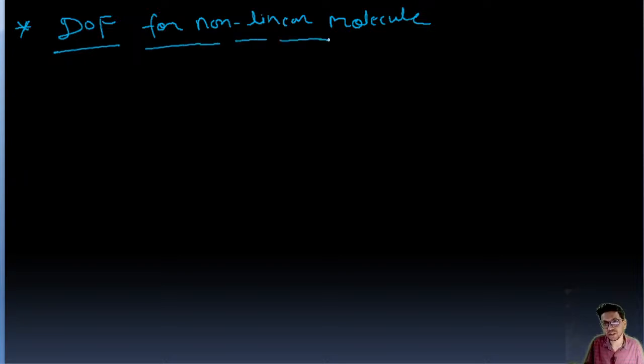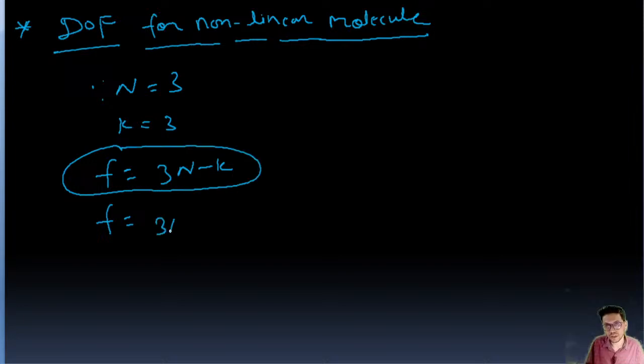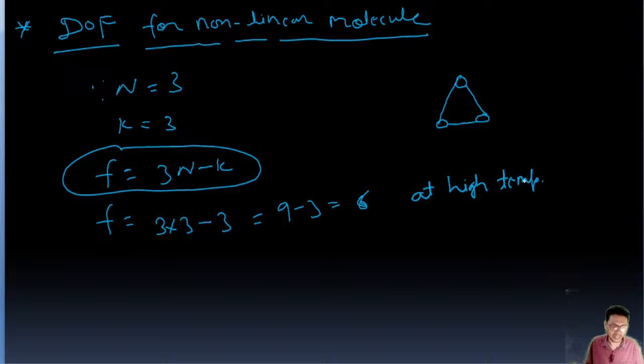Since n equal to 3, and it's a triatomic, and k equal to 3 for the non-linear molecule, restriction will be 3. So F equal to, we know the formula, 3n minus k, 3 into 3 minus 3, this is 9 minus 3, that is 6 at high temperature.